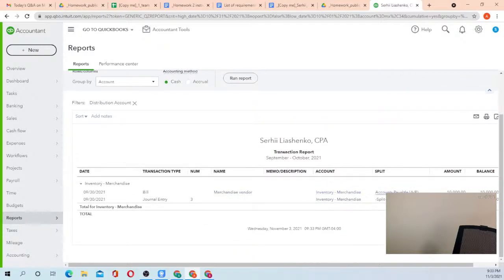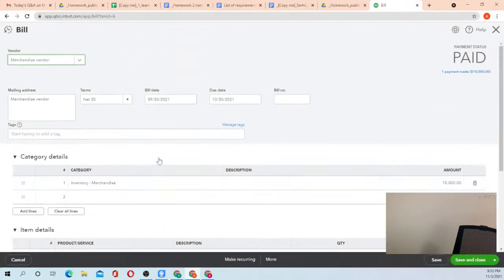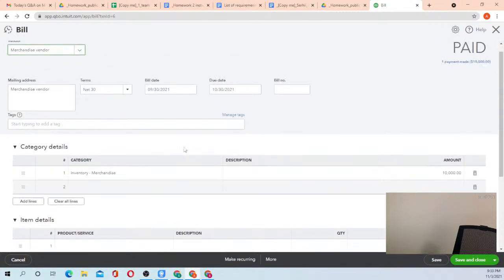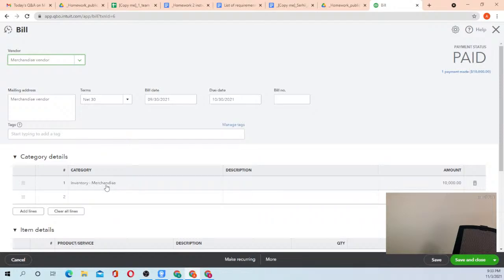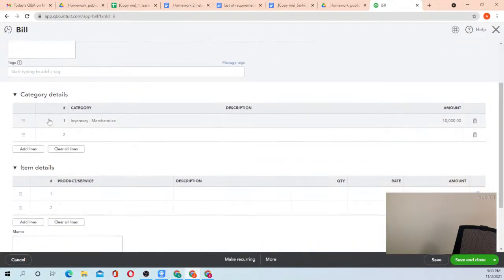Okay, so let's see what that transaction was. 10,000. Inventory, merchandise, description. Yeah, so that transaction ran through category details. So here is the problem we had.